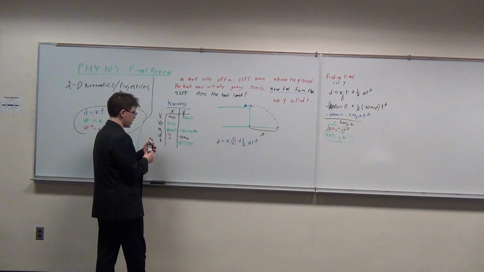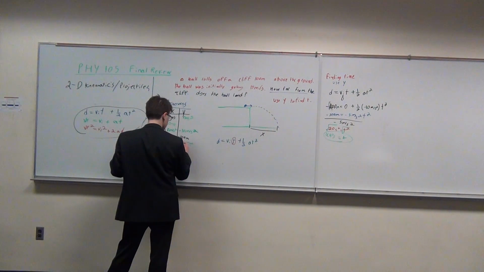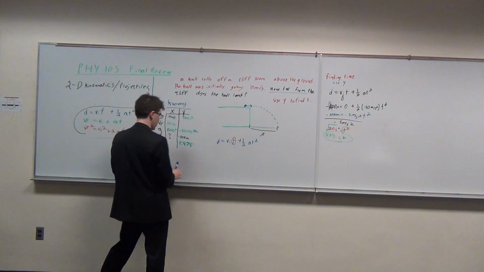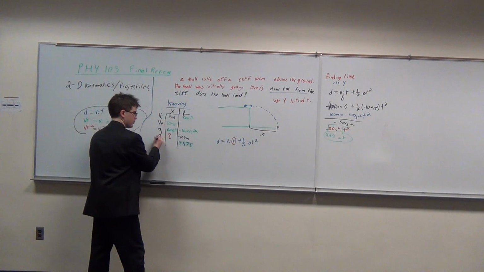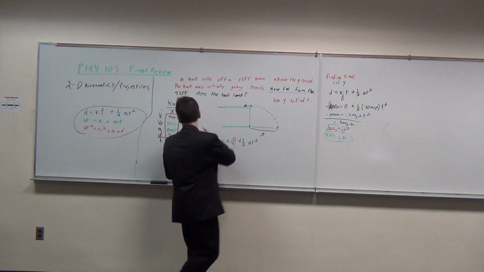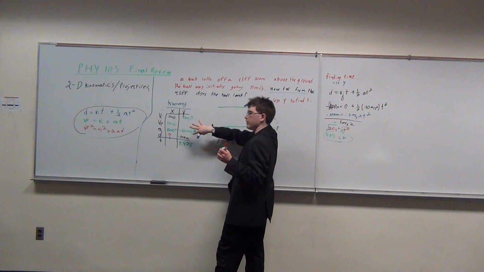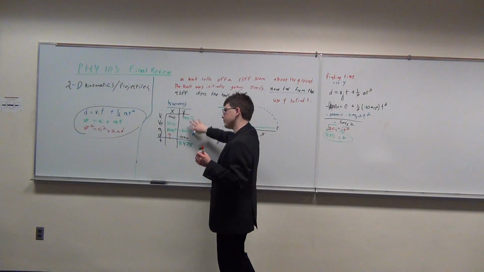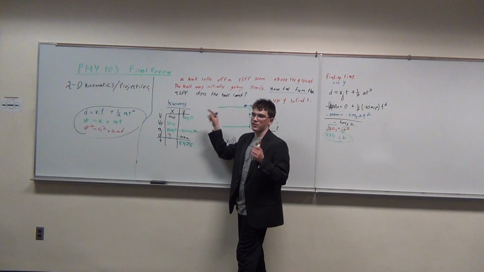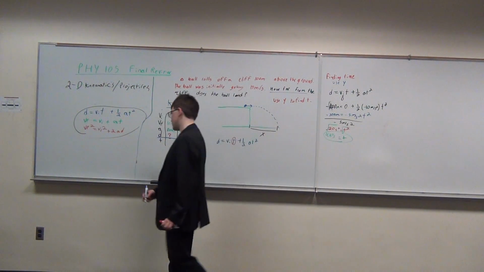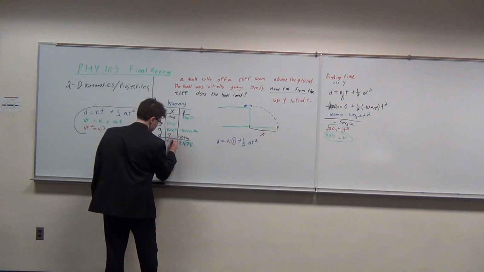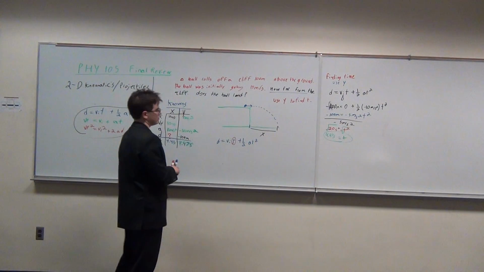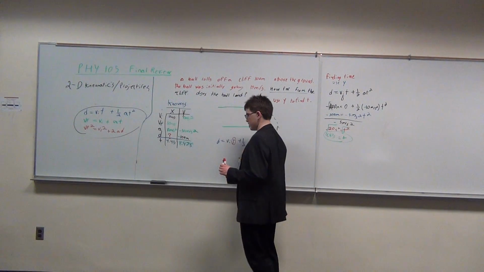Okay? While none of these other variables will, all of these variables can be different in x and y. Time is always the same. So now that we know time, we can go back to this equation.